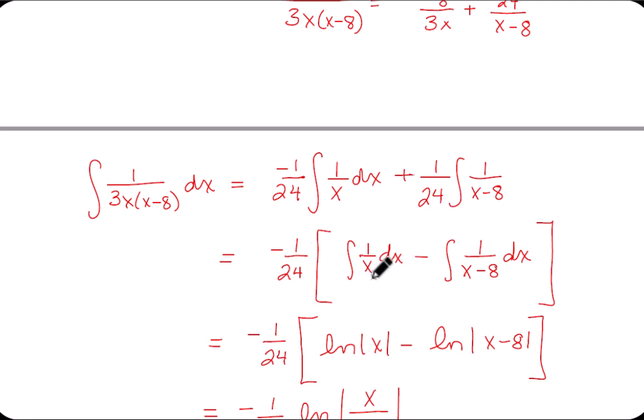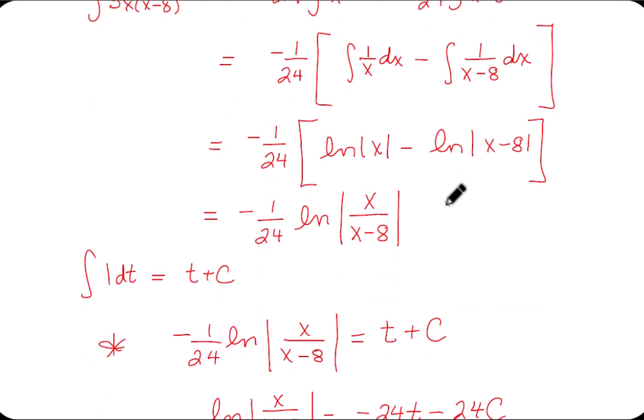And so I'm integrating each of these pieces. All right, ln absolute value of x minus this ln. But again, the difference of two logarithms by properties of logs is the ln of the division. Right-hand side was t plus c. And so we've got this left-hand stuff equal to the right.